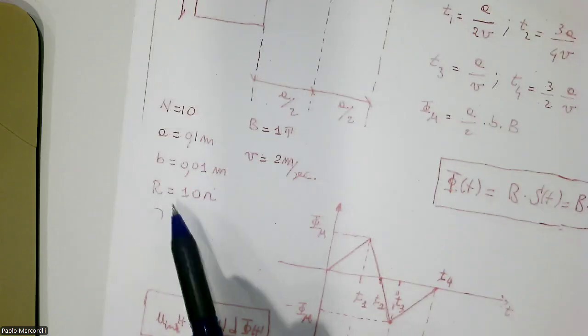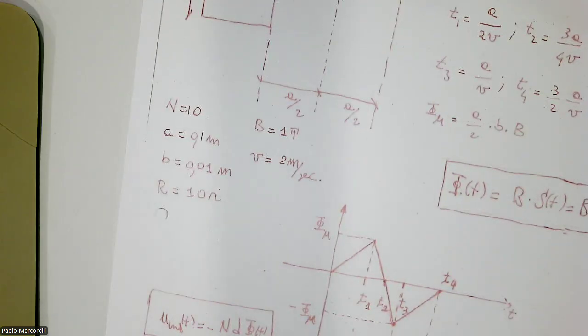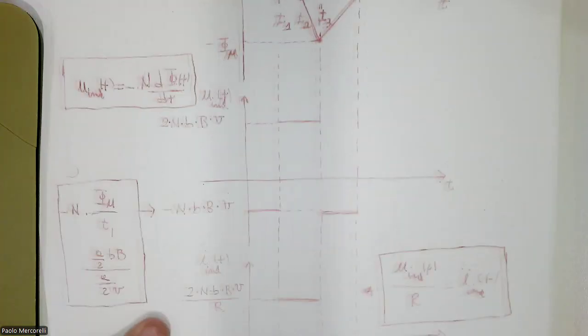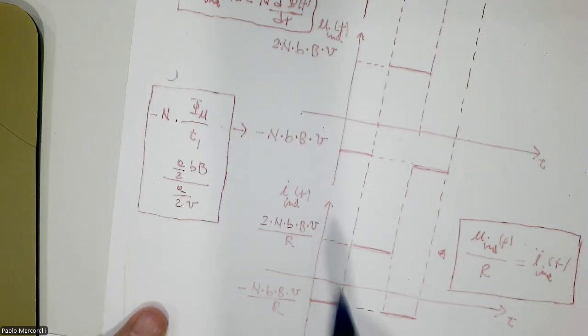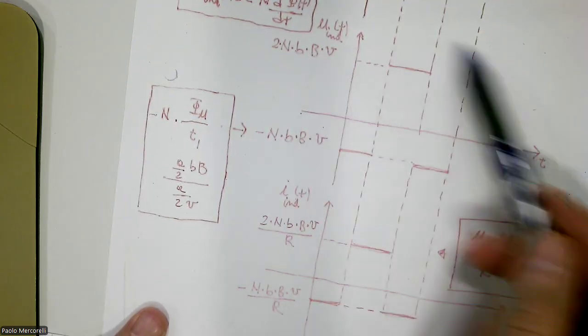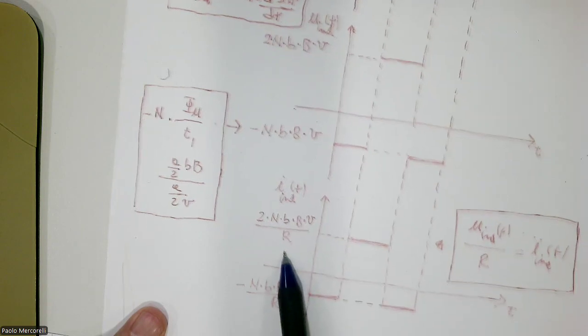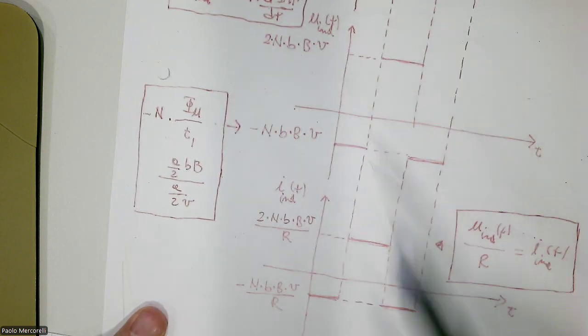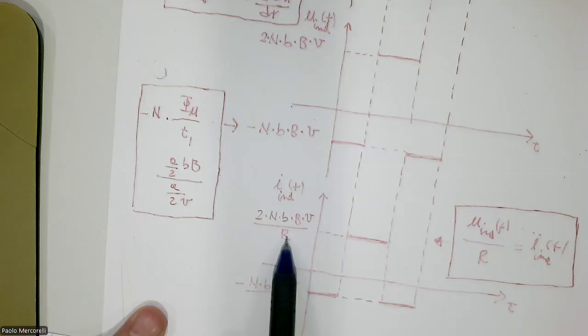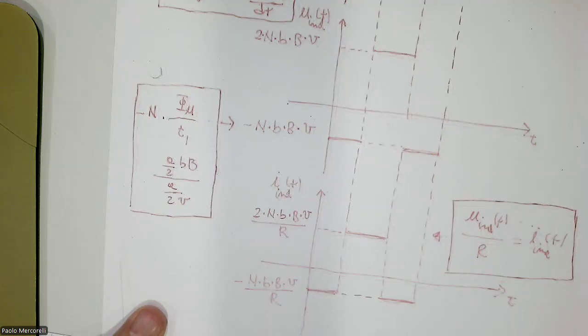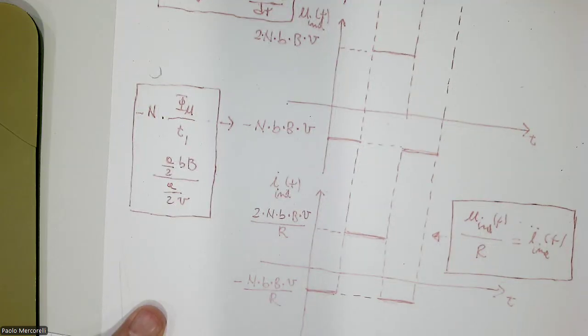Okay, to calculate the current, no problem, because it is enough in accordance with the model which I presented. I didn't consider the inductance. If I consider the inductance, it's complicated. Remember the letter. I have to divide. If the question is graph the current, I have to divide this graph here by R. This means I have to just copy this here, and please don't forget to divide by R. No? Ohm's law.